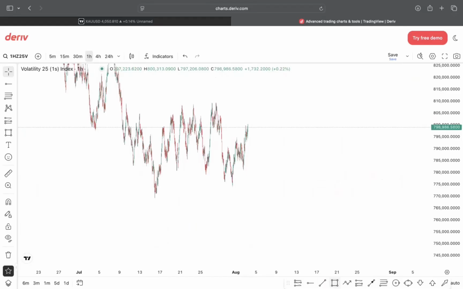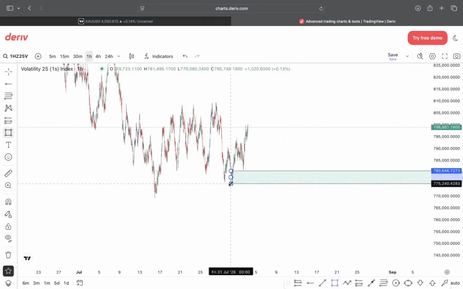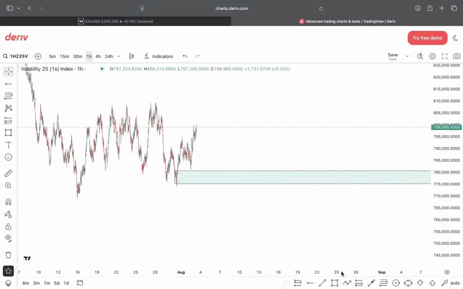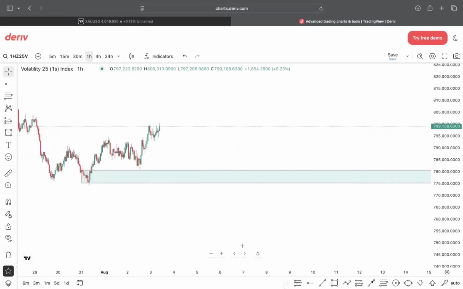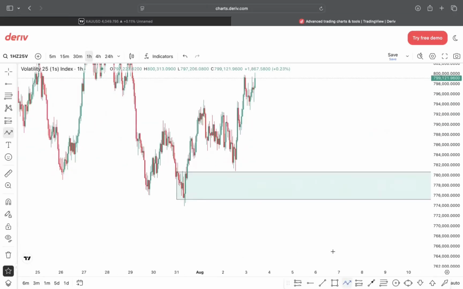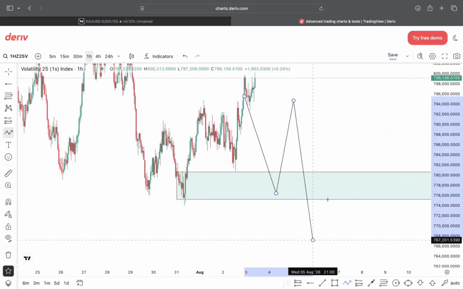Now, there's a contrary POI here. But I don't trade against the trend, so I'll basically leave this. Okay. So like I said, I'm expecting this. Now, price might try to respect this and then play up to somewhere here and then invalidate it.